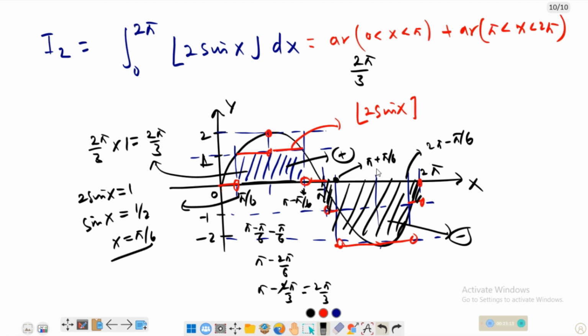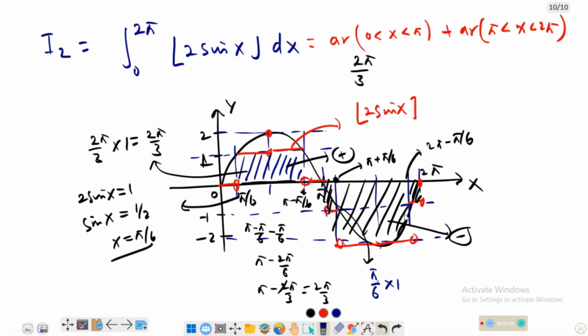For this area, length is pi plus pi by 6 minus pi, which is pi by 6, and height is 1.